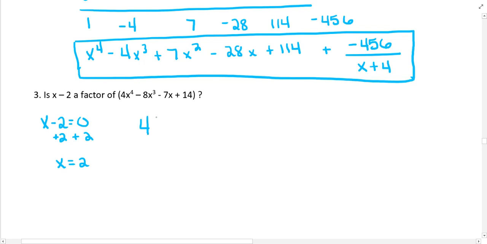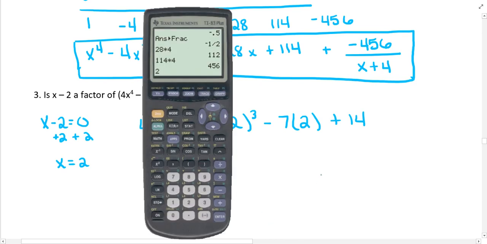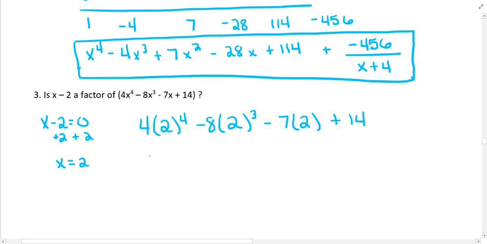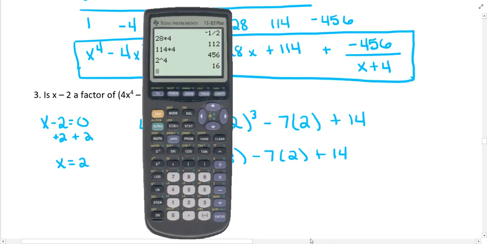So 4 times 2 to the fourth minus 8 times 2 cubed minus 7 times 2 plus 14. So let's see here. 2 to the fourth, I believe, is 16. Let me just check. Yeah, so 16 here. So 4 times 16 minus 8 times 2 cubed is 8. Let's see, bring down the rest of the problem. Okay, so 4 times 16 is going to be 64.